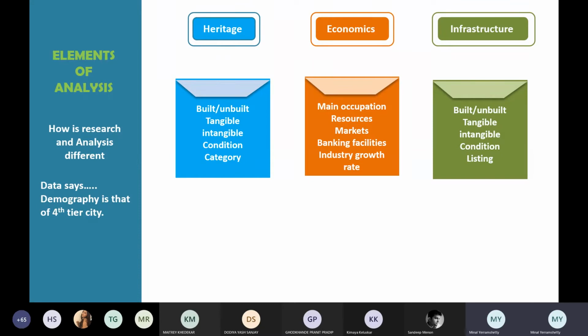It has an extremely skewed sex ratio. It has a very bad monsoon, and low scale industries. What would be the interpretation? What would be the analysis of this data?